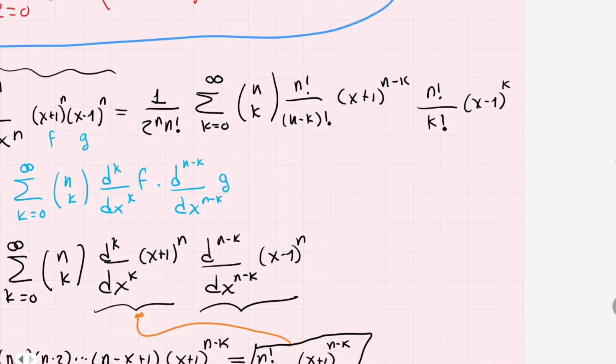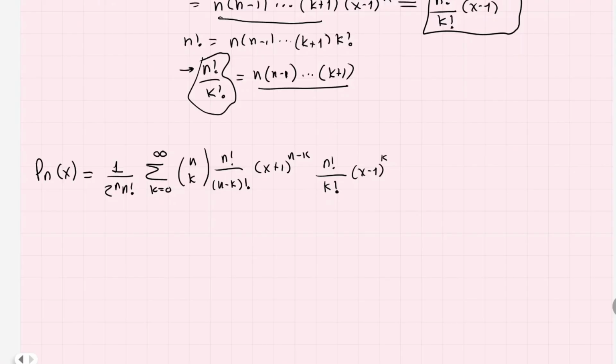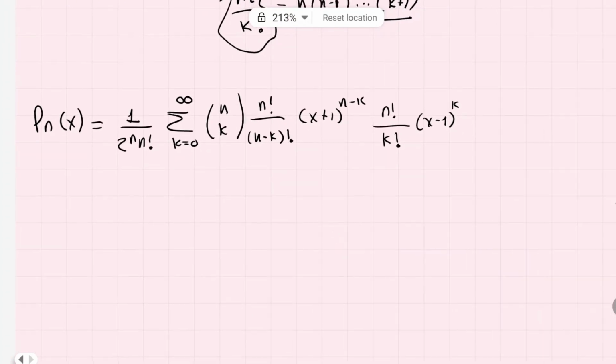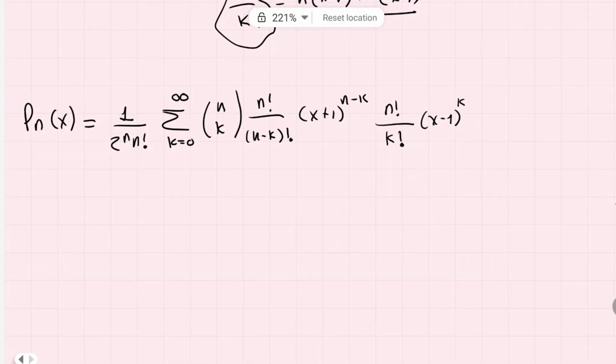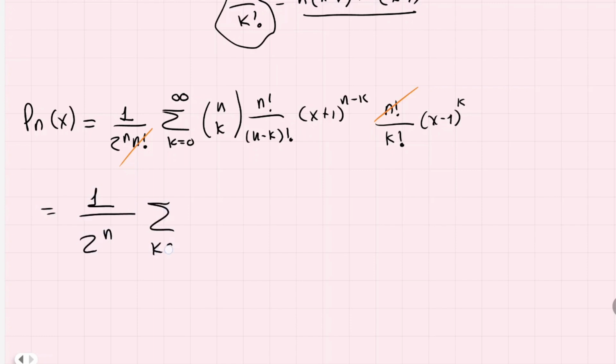Okay, so let me copy this. I rewrote the expression for the Legendre polynomials, and we easily see here that we can cancel this n factorial with this n factorial, and we are going to get 1 over 2 to the n times the sum from k equals 0 to infinity.